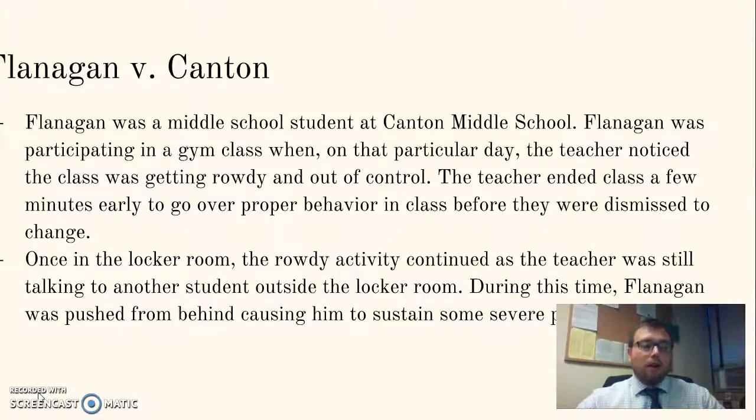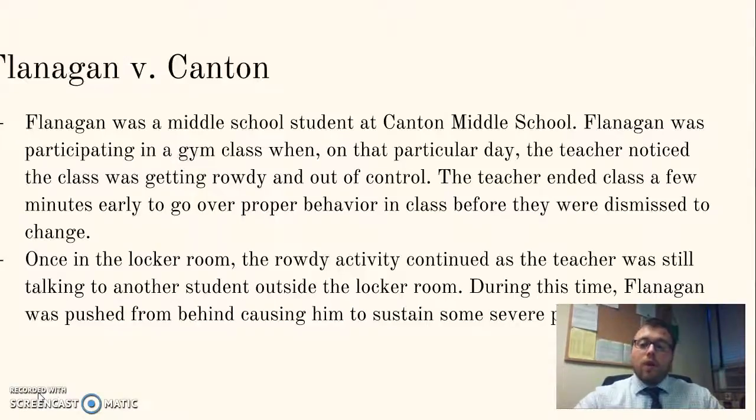The next court case that we will look at is Flanagan versus Canton. During this case, it dealt with a middle school student at Canton Middle School. Flanagan was participating in gym class, and on that day, the teacher had noticed that the class was kind of getting a little rowdy and out of control. The teacher actually ended the class a little bit early in order to go over proper behavior expectations for that class and during activities.